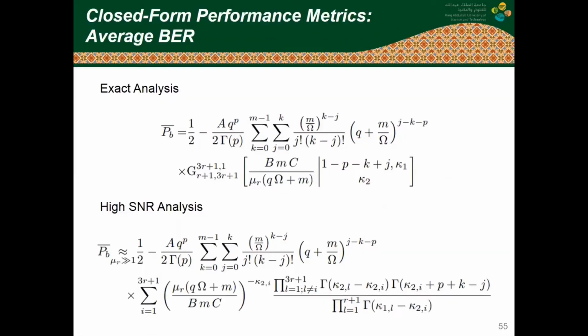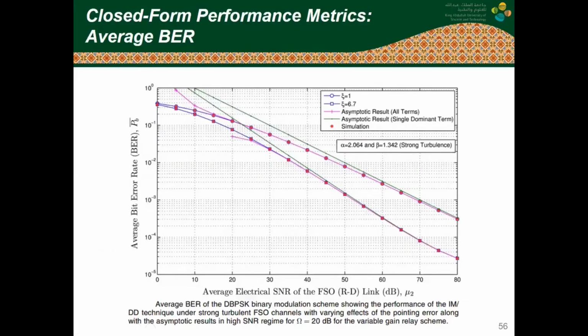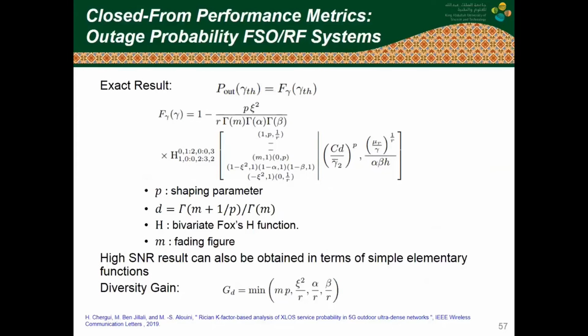We looked also at not only outage probability but bit rate. Again, exact results in terms of the G function, asymptotic results in terms of these special functions, and we have a perfect match between the exact results obtained by simulation and these asymptotic results, and the match is exact at high SNR because they are asymptotic results.